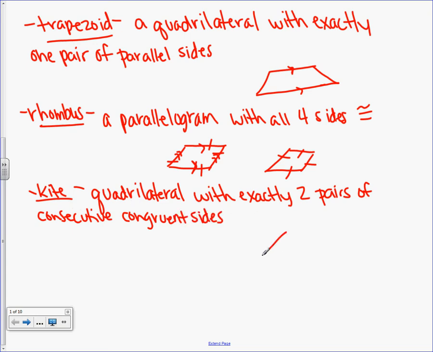So again, we got a quadrilateral, that's four sides. Make it look like a kite. That's better. With two pairs of consecutive congruent sides. So those two are consecutive, so they're congruent. And these two are consecutive, so they're congruent. So we have a trapezoid, a rhombus, and a kite.